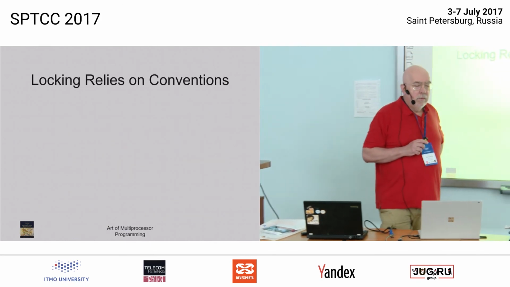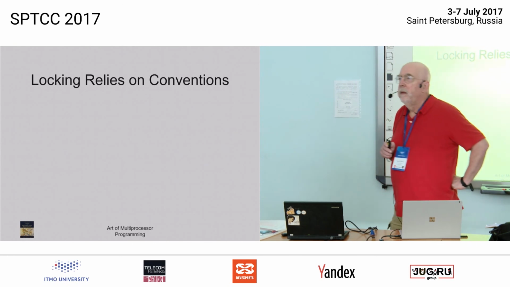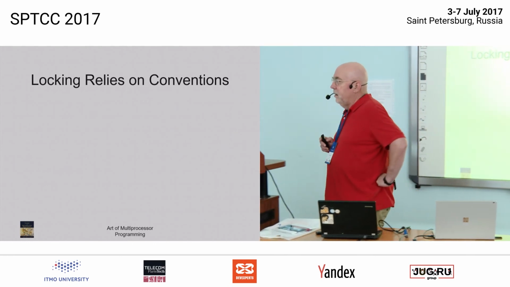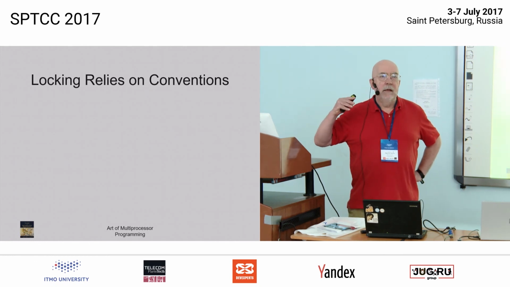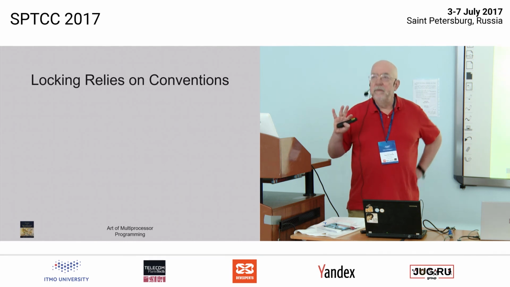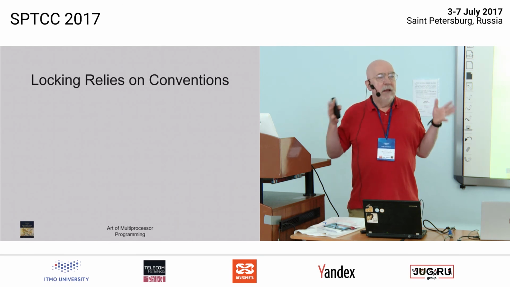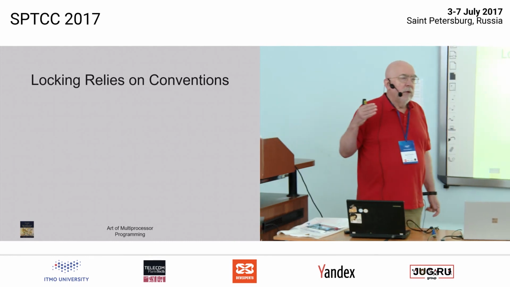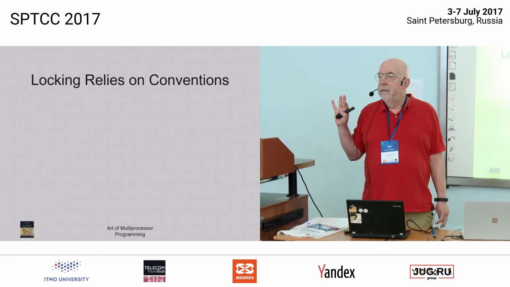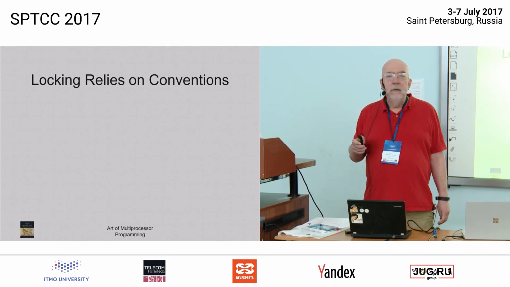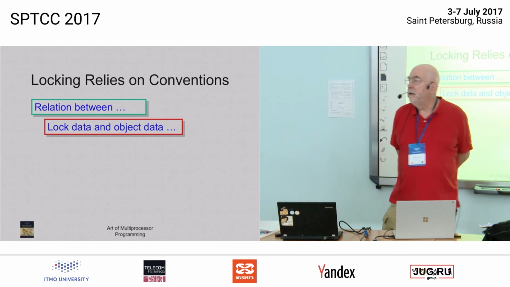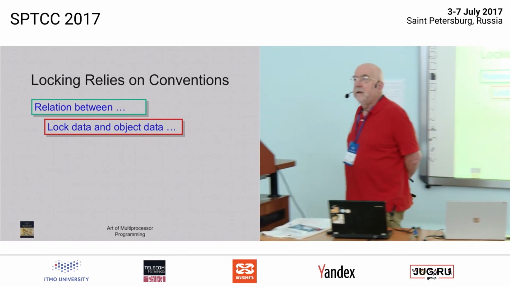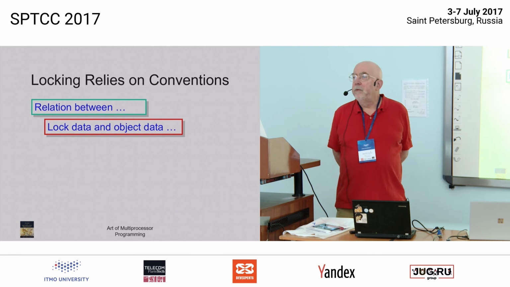There's another problem with locking that people don't talk about much in academic classes, but if you've ever written a multi-core program, you're probably aware of it, particularly if you're fixing someone else's code: locking relies on conventions. That is, the relation between the lock data and the object being locked exists only in the mind of the programmer.